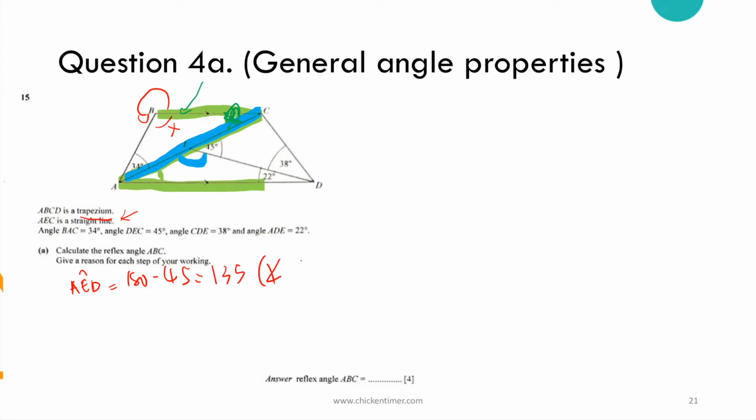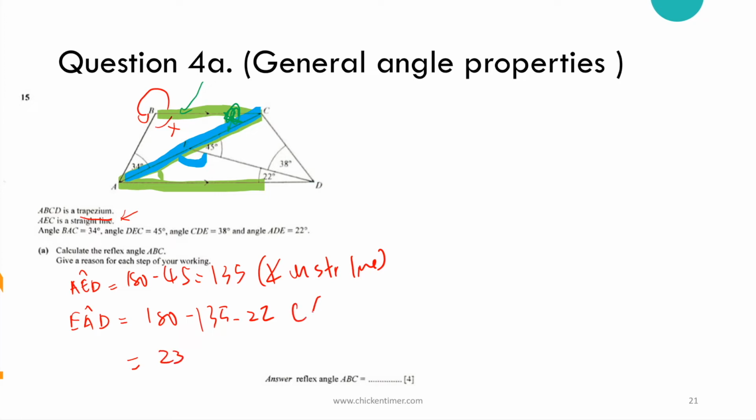135, angles on a straight line. Then we can find EAD, which is 180 minus 135 minus 22. That gives me 23.